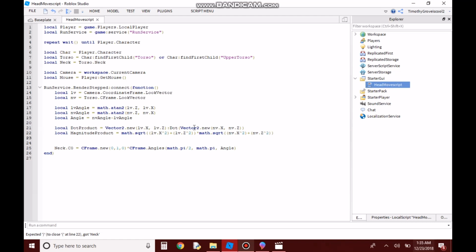So that'll give us the product of the magnitudes of both of the vectors. And now we can find the angle.